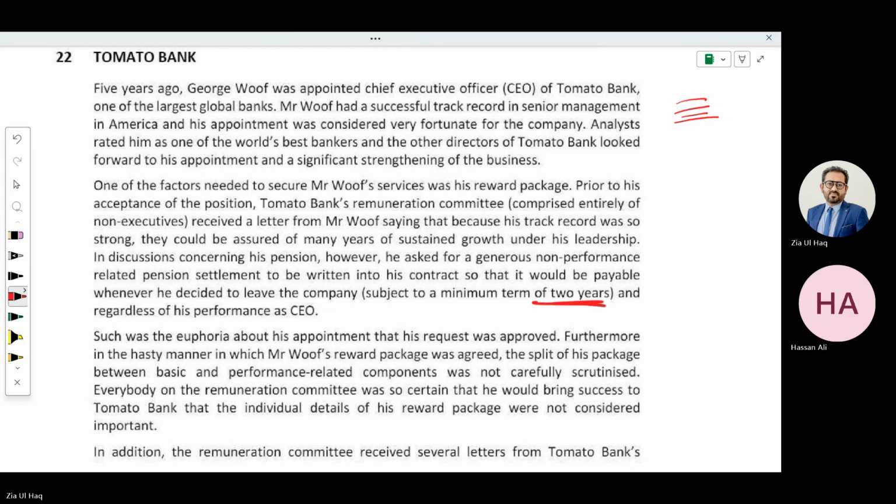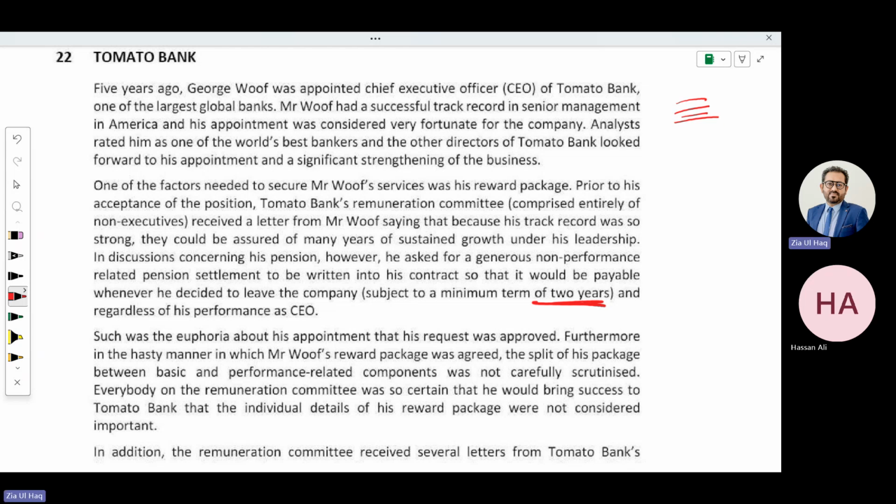Second, there are different components of a reward package. Some are fixed, some are variable. Though pension is a fixed element, not variable, it is a long-term benefit. While Mr. Wolf wants to be settled into his reward package on a 2-year basis, long-term means 5 years or more.